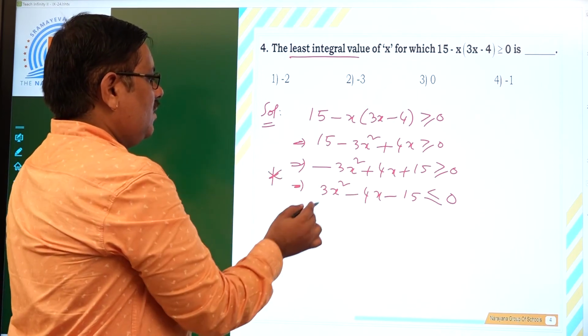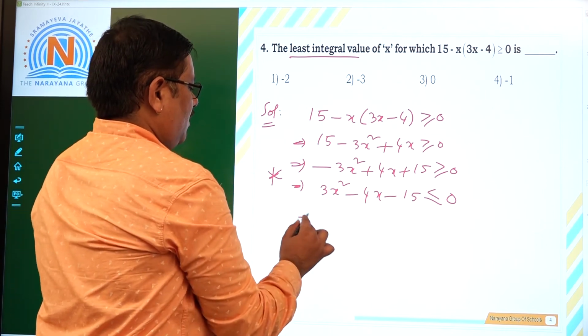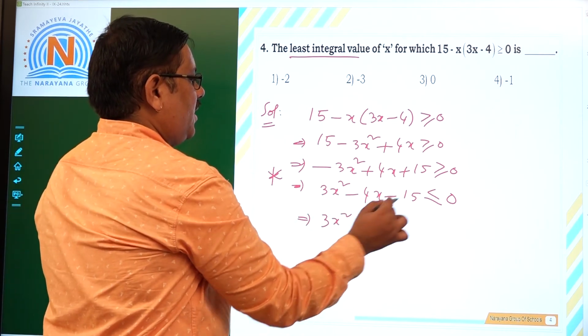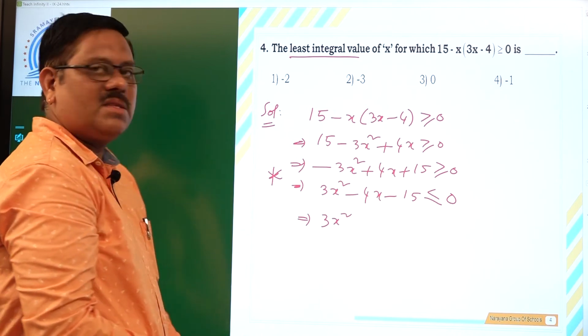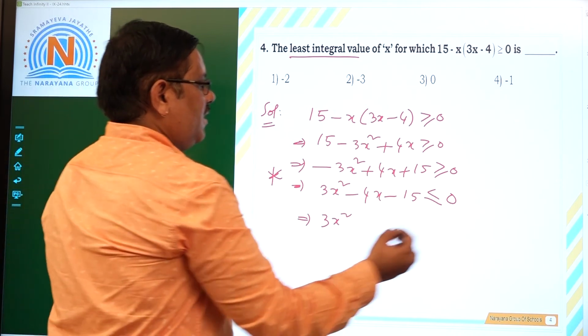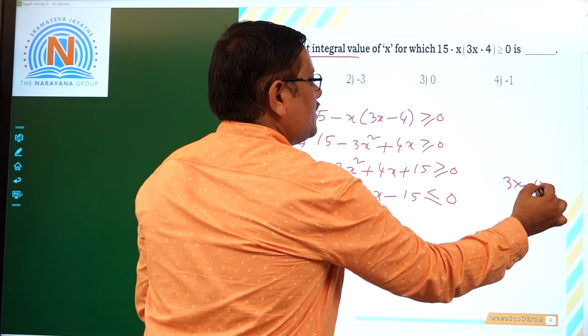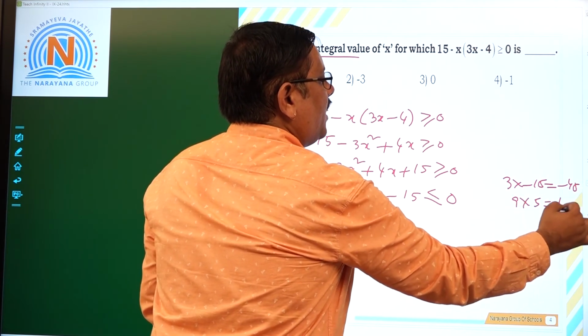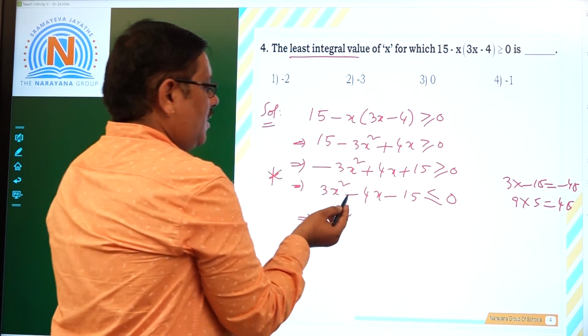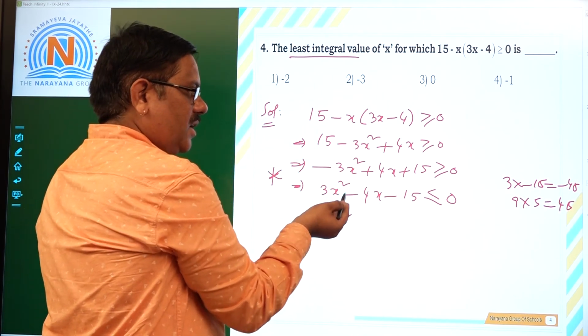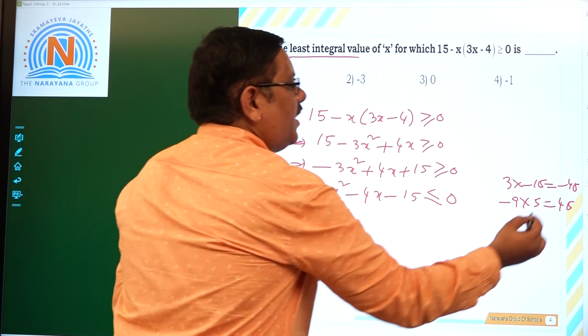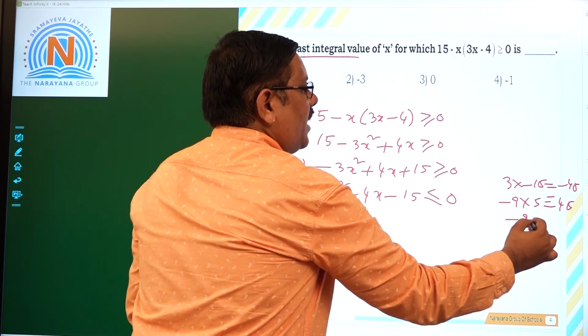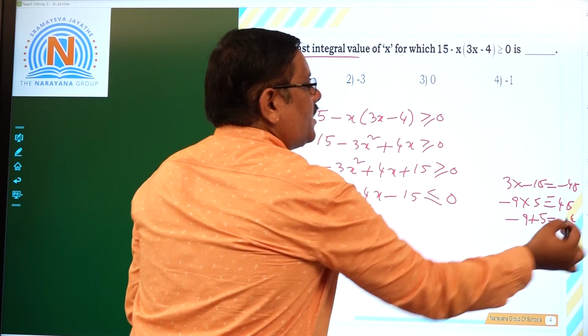Okay. Now, how to factorize it? 3x square, 3 into minus 15, that is minus 45. Let me take 9 into 5, that is 45, but sign is minus point. Here you have x coefficient as minus 4, so you take minus 9 into 5, that is minus 45. Minus 9 plus 5 gives you minus 4.